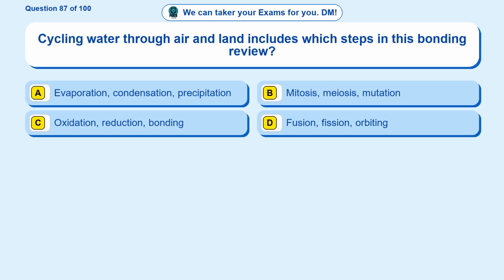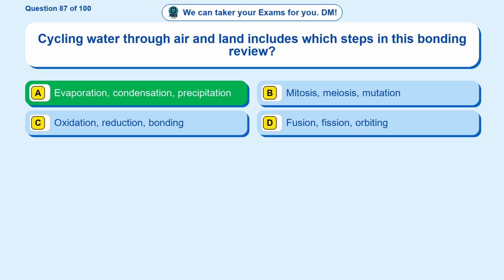Question 87. Cycling water through air and land includes which steps in this bonding review? Option A, evaporation, condensation, precipitation. Option B, mitosis, meiosis, mutation. Option C, oxidation, reduction, bonding. Option D, fusion, fission, orbiting.